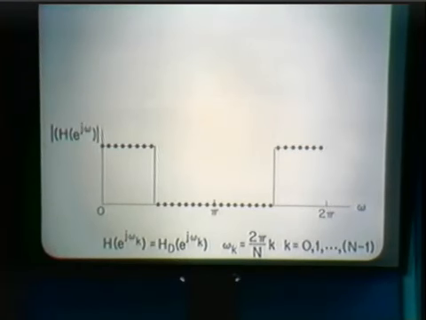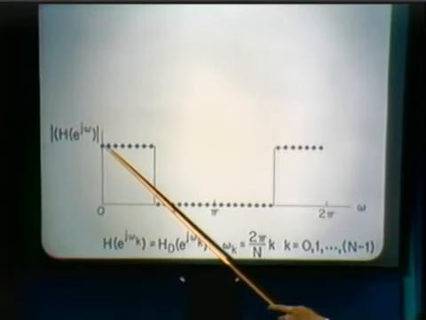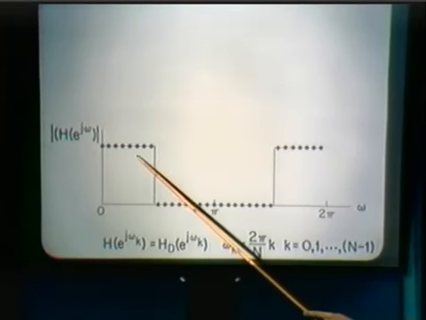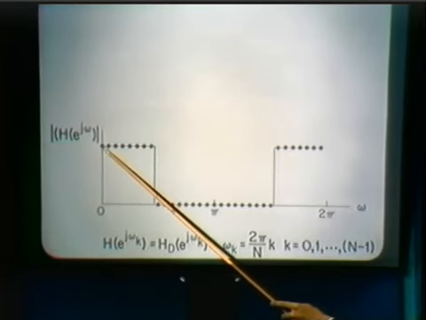That is, the Fourier transform of the unit sample response is a continuous function of frequency. We're specifying samples of that continuous function of frequency, and there is implied an interpolation in between those samples.